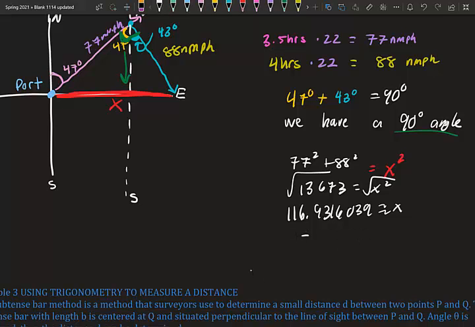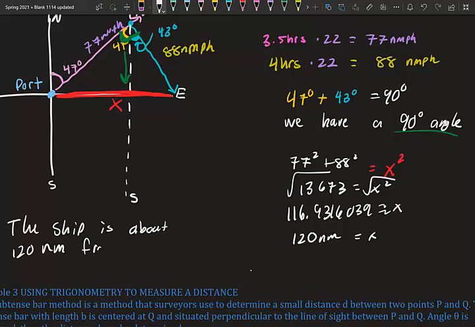What about 120? 120 is only 2 significant digits. So that's why we round it to 120 nautical miles. So the ship is about 120 nautical miles from port.